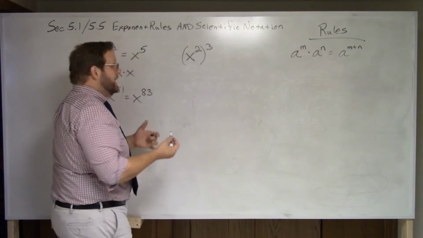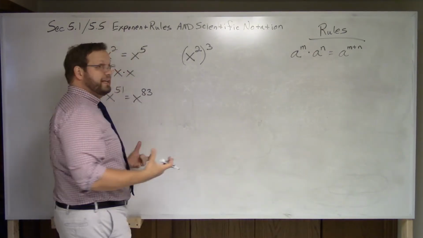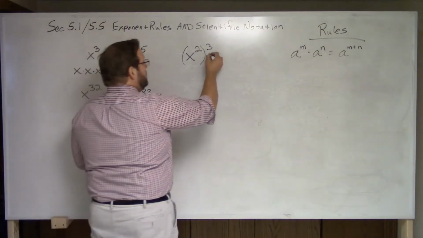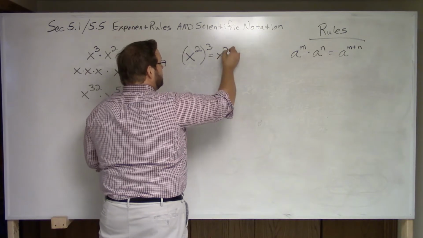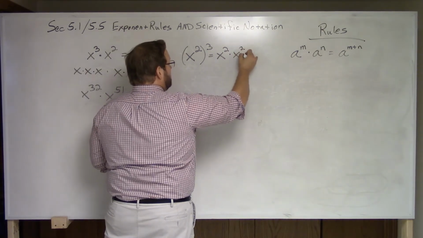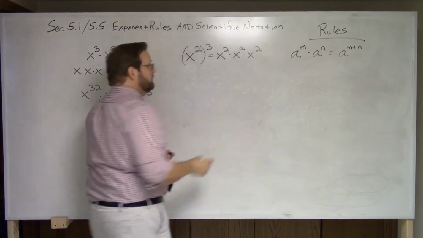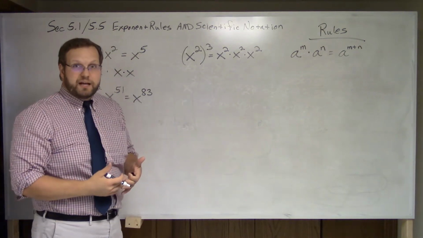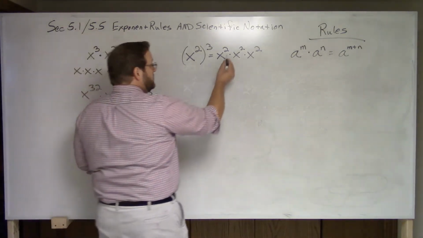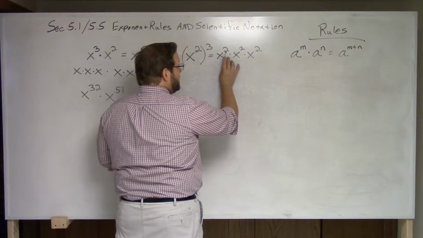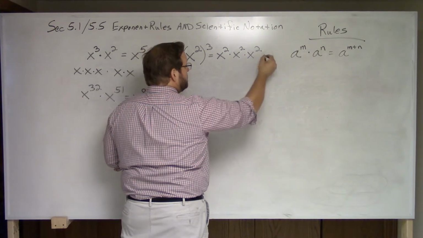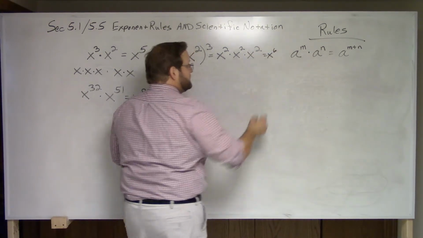Okay, now again, if you're not sure, expand this out to see what's really happening. We have an x squared times x squared times x squared. We got x squared 3 different times. So then we would take these and add those up. 2 plus 2 plus 2 is x to the 6th.